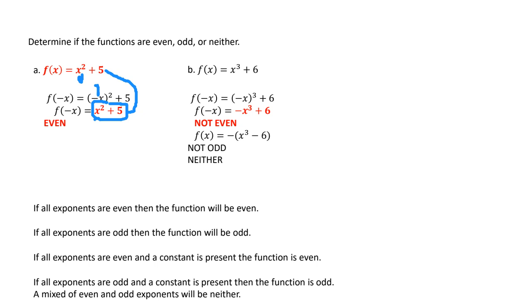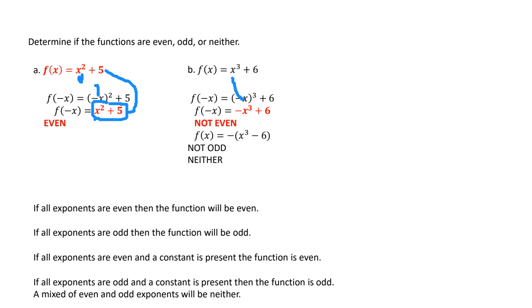Now look at B. f of x equals x cubed plus 6. Again, I'm going to plug in the negative x there for the x in the x cubed. And any negative to the odd power will give you a negative. So here, guys, we're going to get negative x cubed plus 6. If we notice, this is not the original.